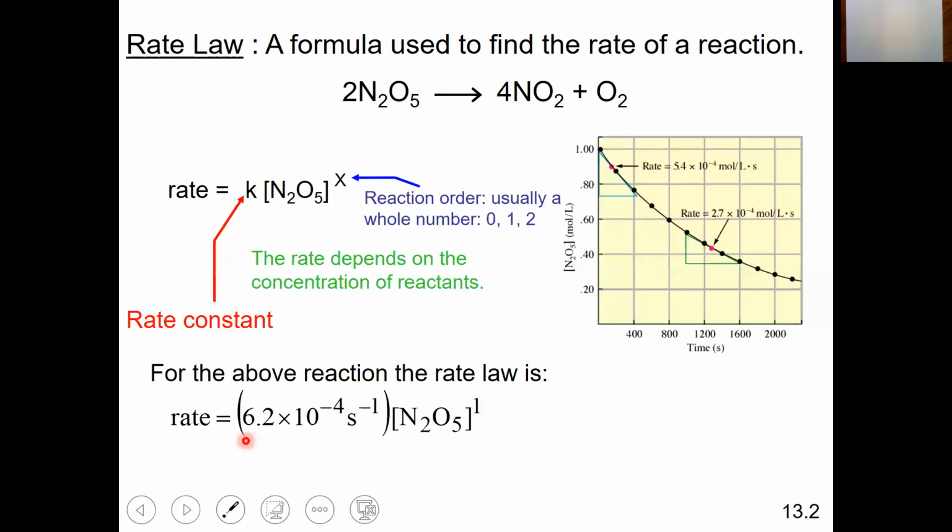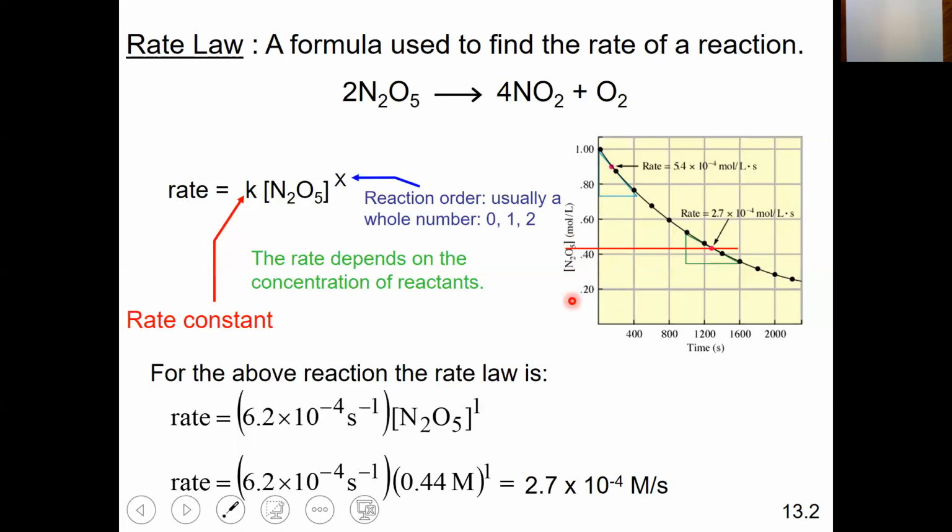If we tried to solve for the rate of the reaction at 0.44, that's this line up here, we would multiply 0.44, the concentration, by our rate constant, and we get 2.7 times 10 to the negative 4th molarity per second.